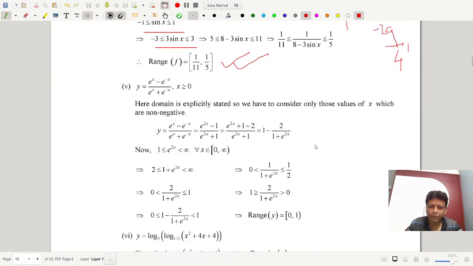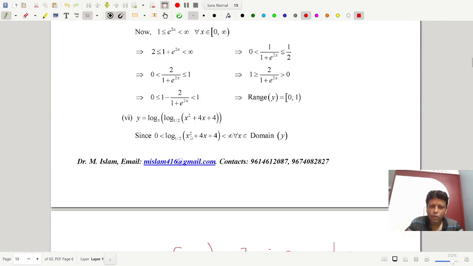So first, the outside log base is 3, so whatever is inside the log will be positive. So what is the condition? 0 less than log half of x square plus 4x plus 4 less than infinity, because whatever is inside the log will be positive.